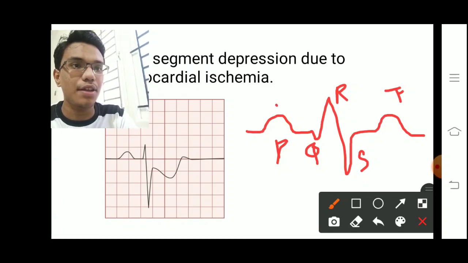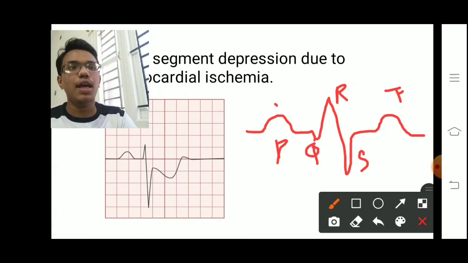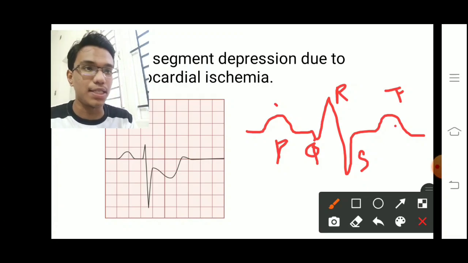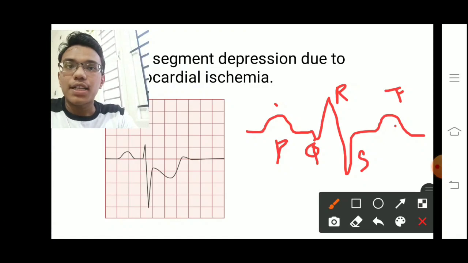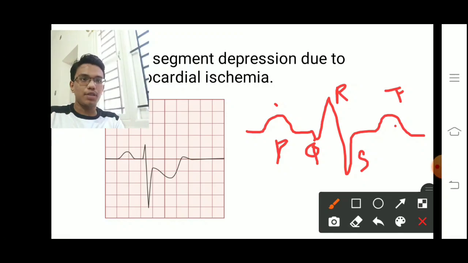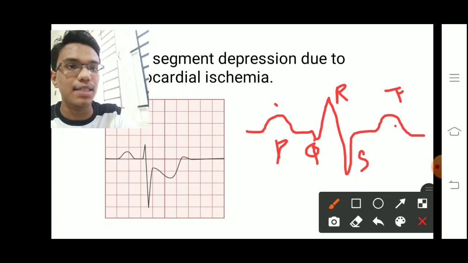PQRST: this is the atrial depolarization, the QRS complex is the ventricular depolarization, and the T wave is ventricular repolarization. Okay, so now in this condition, stable angina, subendocardial ischemia occurs. What is this subendocardial ischemia? I will explain it in a little bit. Just to remember, in the ECG finding we will have something called ST segment depression.